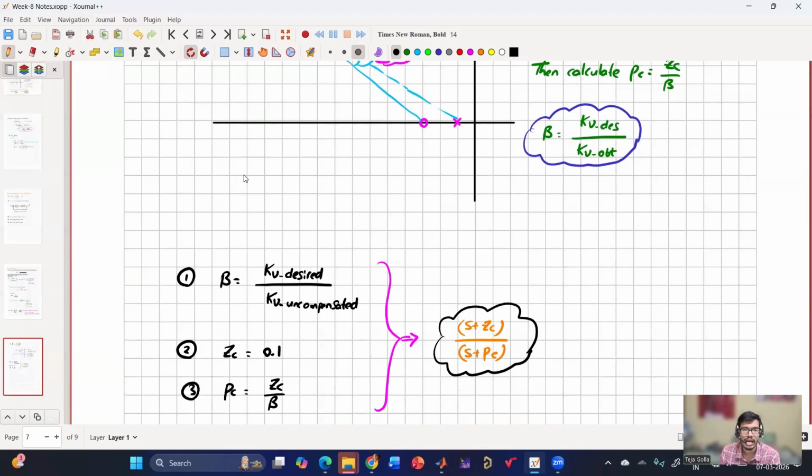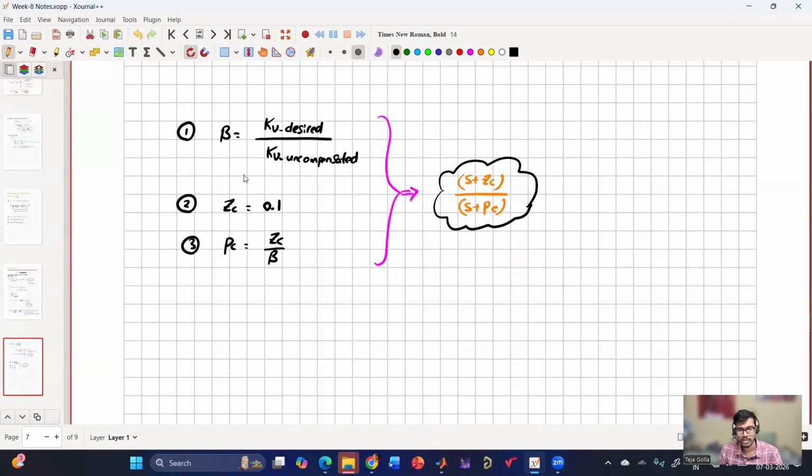Once you get ZC, PC and beta, our transfer function is obtained as S plus ZC by S plus PC. One thing you have to make sure after designing this is to check the angle contribution, that phi is less than 5 degrees.